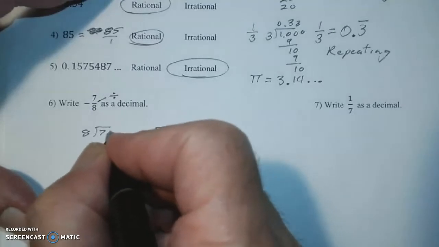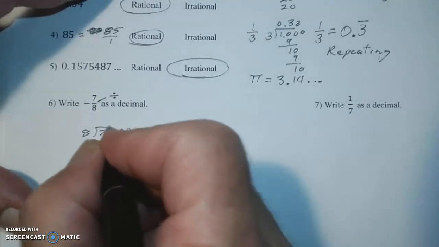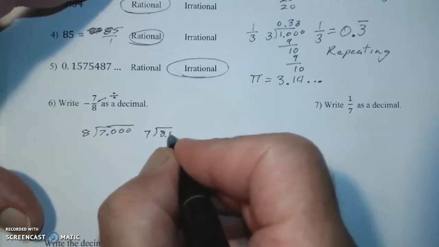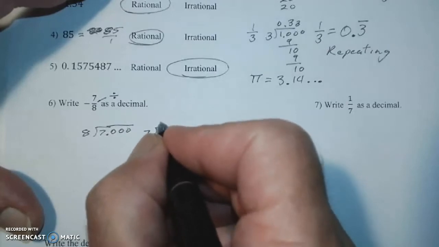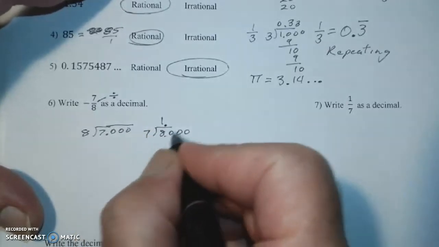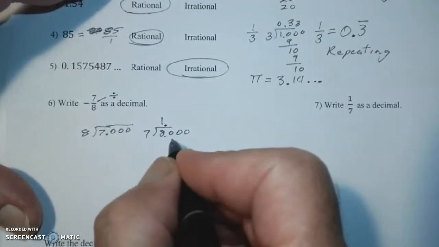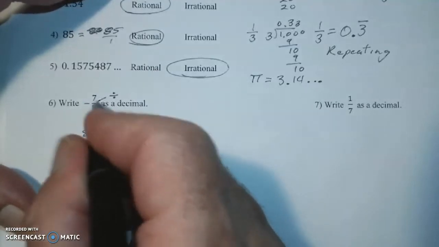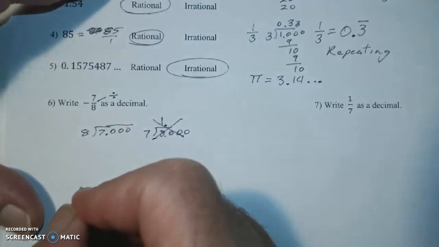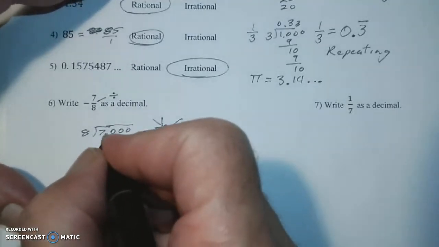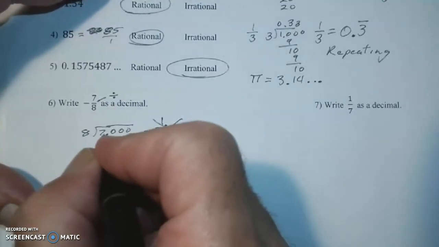You're going to tack on a decimal point and fill in with zeros. If you divided by 7, you'd say it goes 1 time. We're getting a number that's greater than 1 by doing this. 7/8 is not greater than 1. This is not the correct way to do this. This is the correct way.